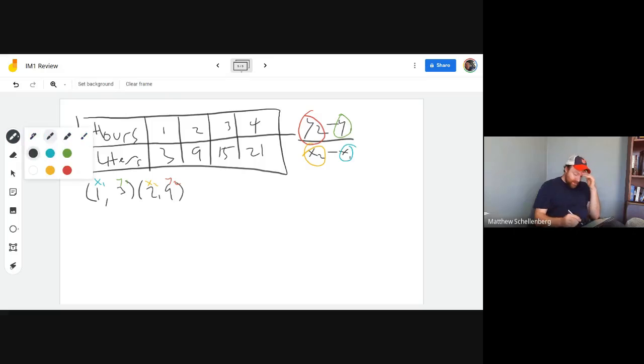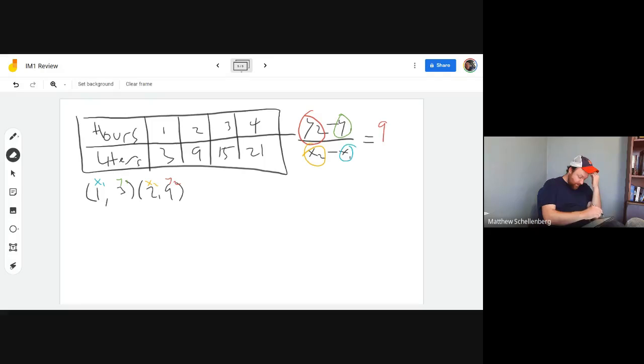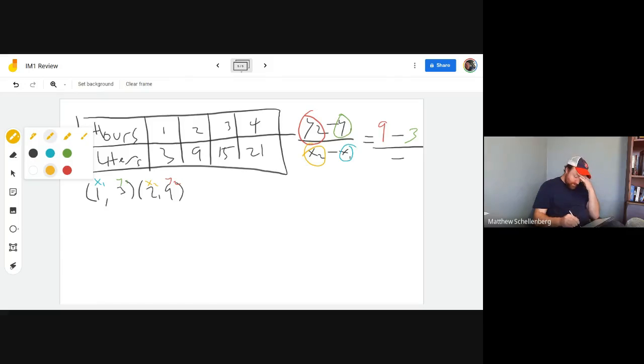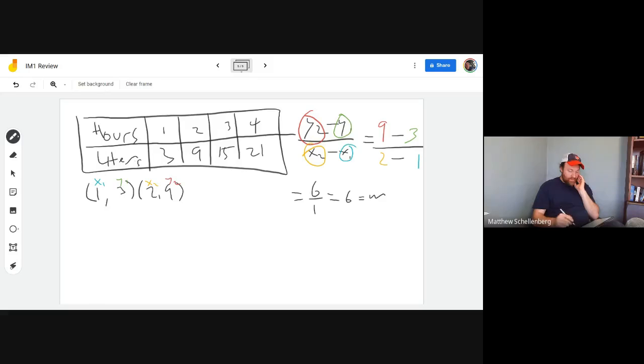So y2 was 9, minus y1, which was 3, over x2 was 2, minus x1 was 1. And this becomes 6 over 1, which is 6. That means this is my m. And maybe you could have already told that because you knew they were going up by 6 each time.